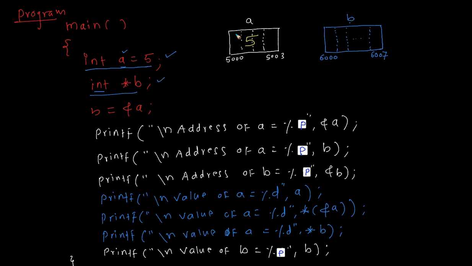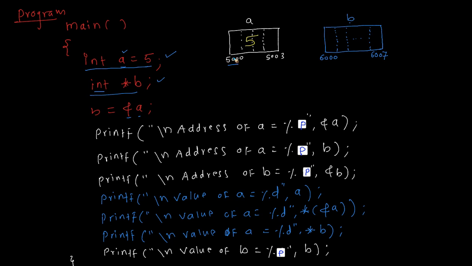Now we have an integer type variable and an integer type pointer, so we can store the address of A in B. How can I do that? I can get the address of A by using the address of operator. So the address of A is assigned to B. The address of A is 5000, as we have discussed. There are 4 bytes named A, but the address of operator will retrieve only the base address.